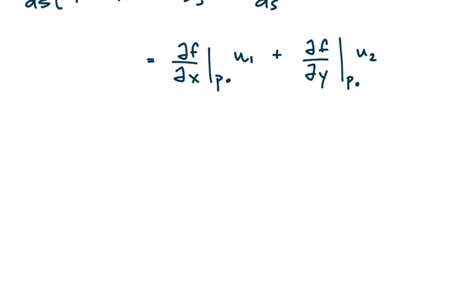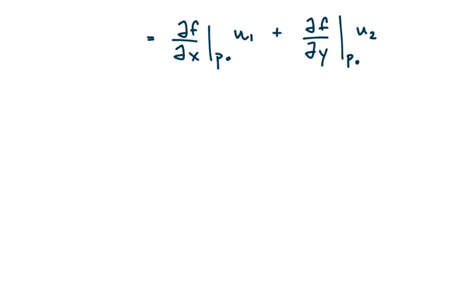Now, if we take this, and again, this is the directional derivative, if we take this here, and we think about this as being a dot product, and we say, well, what were the two vectors that existed before we dotted those values?